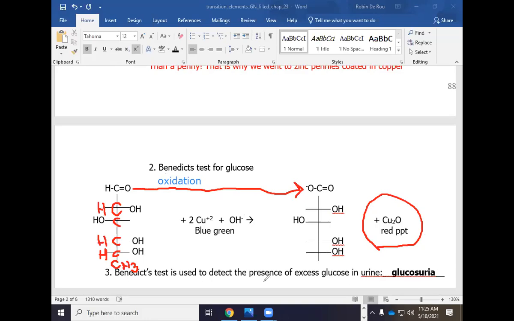Oh, I forgot an H. See, we didn't do anything to the alcohol groups. These are alcohol groups. So we've got alcohol. We still see they're still the same.